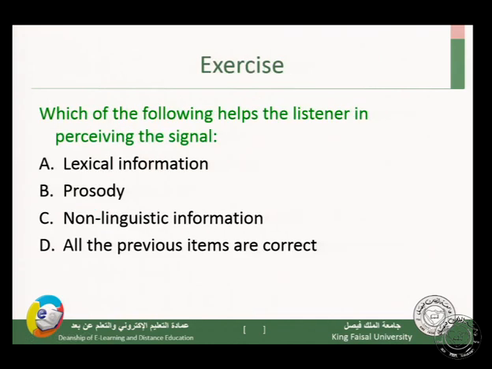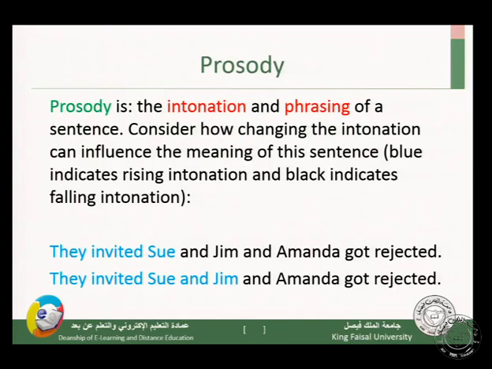Right, let's do the exercise together. Which of the following helps the listener in perceiving the signal? Lexical information, or prosody, or non-linguistic information, or all of the previous items are correct. So let's go back to the lecture.